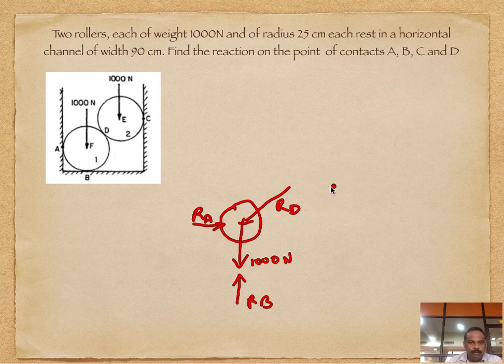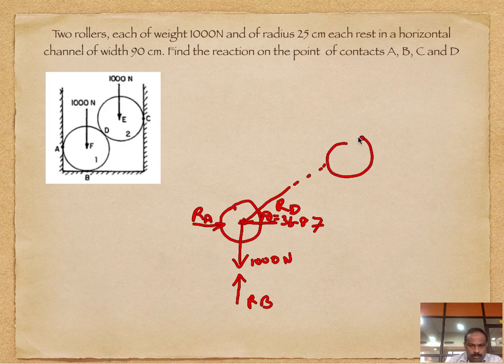This RD is inclined at theta, which we found, equal to 36.87 degrees. So we'll draw the free body diagram for the next roller. This is your self weight acting downwards, which is 1000 Newton.